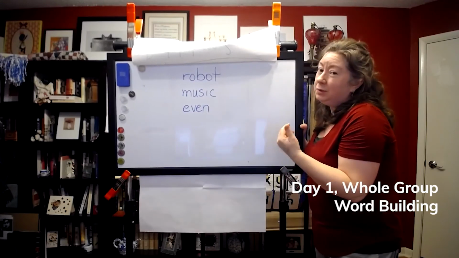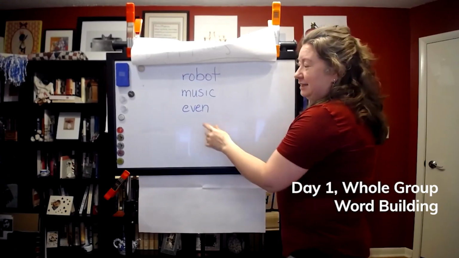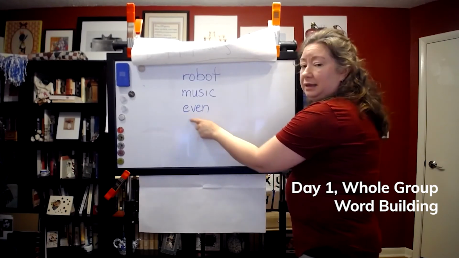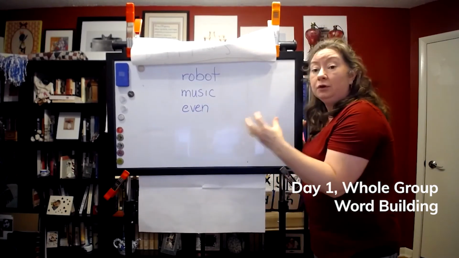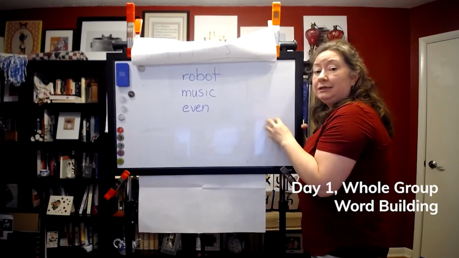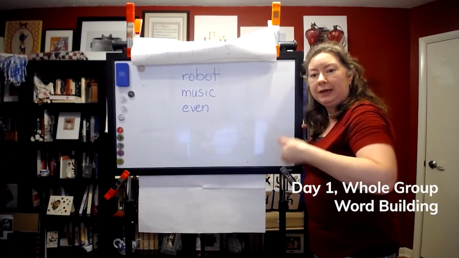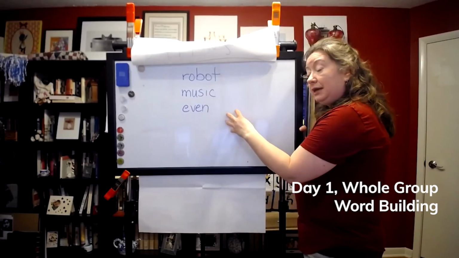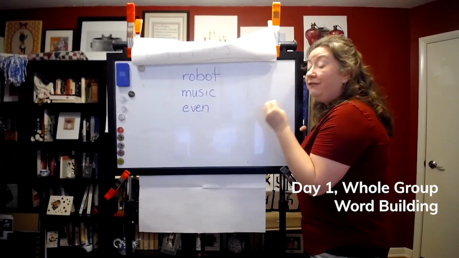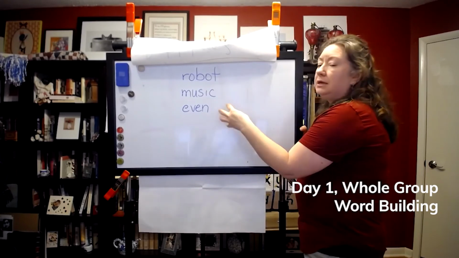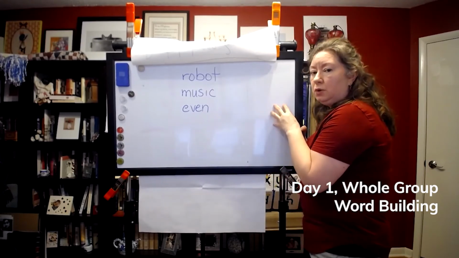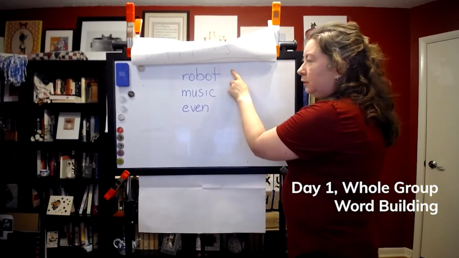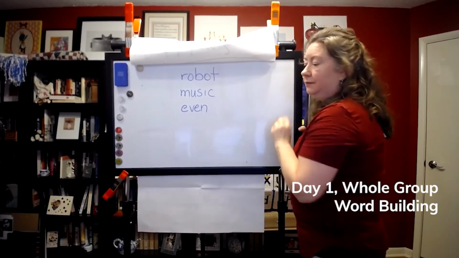My favorite is probably Celtic or classical. Next word is even. If something is even or a number is even, you can divide it into two equal amounts without having to break anything in half. So 6 is an even number because I can divide it into two groups of 3. But 5 wouldn't be an even number because I'd have to divide it into 3 and 2, or 2 and a half, to make it equal. So robot, music, even. Nice job.